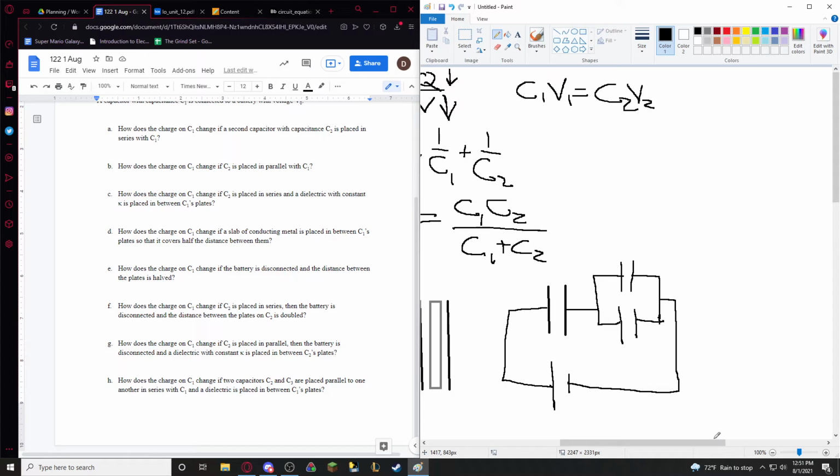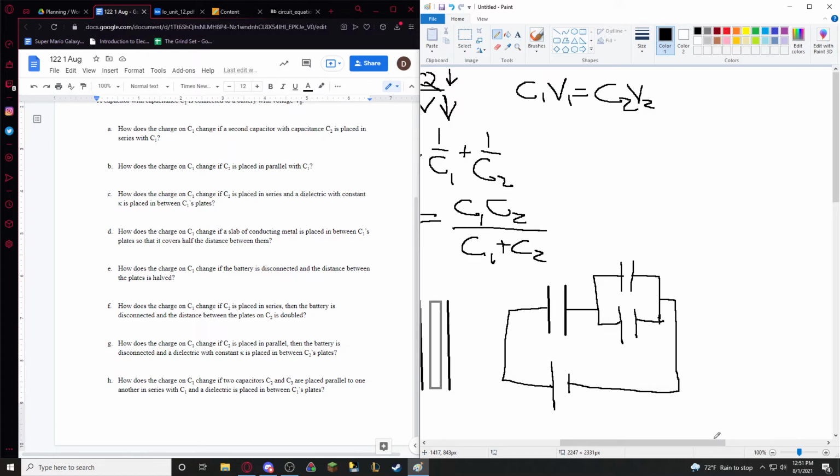Okay, I believe it's supposed to be greater. I believe Q1 is supposed to be greater than Q2, but Q2 and Q3 are equal to each other. I'm still trying to understand it myself.